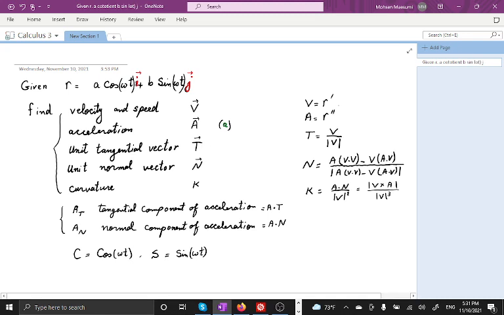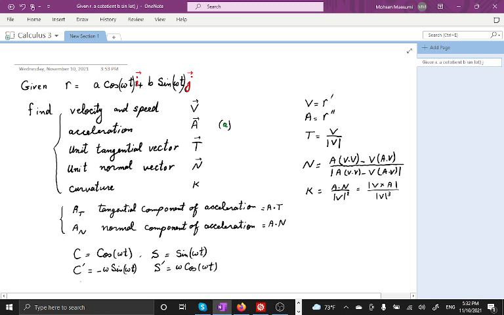I have to take all these derivatives. So I'm going to need the derivative of C. So C prime, what's that going to be? Taking the derivative, omega comes out, cosine becomes minus sine. And similarly, the derivative of S is going to be omega times cosine of omega t.